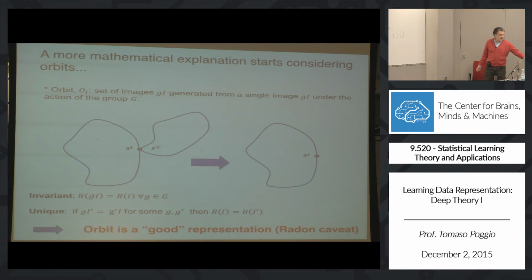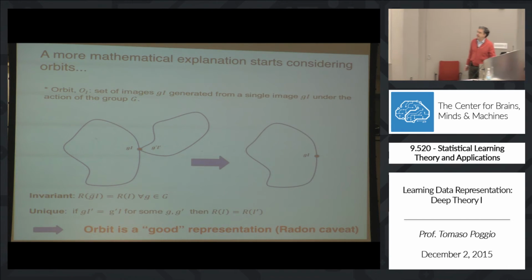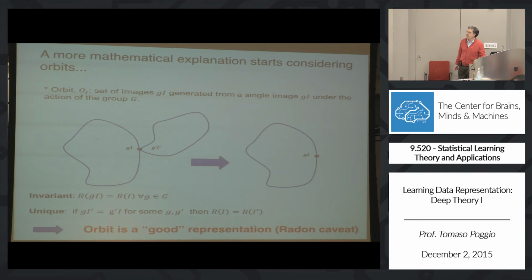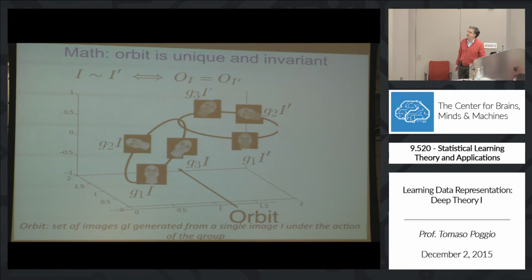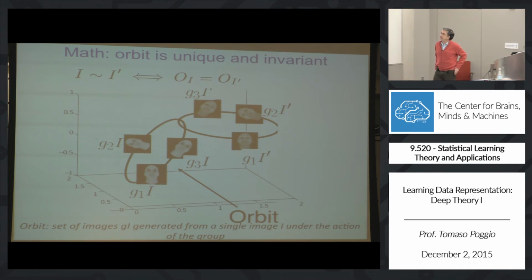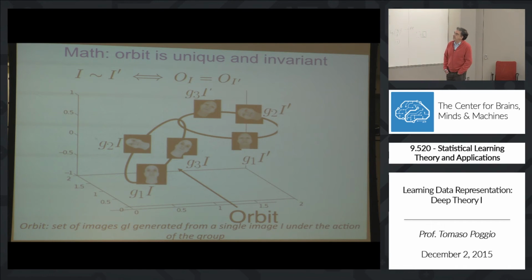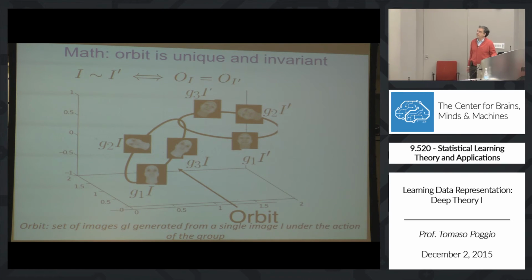So if I say that an orbit is equivalent to a probability distribution, then the probability distributions have the same properties: they are unique and invariant.